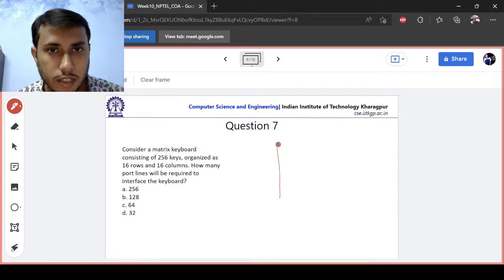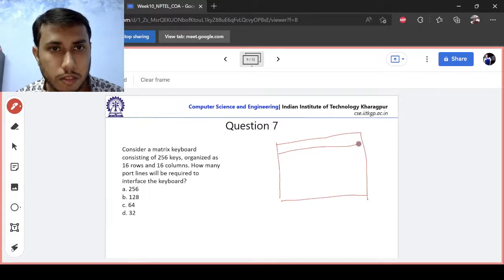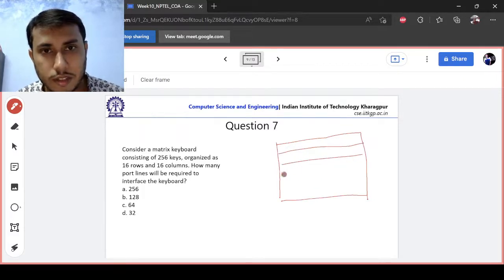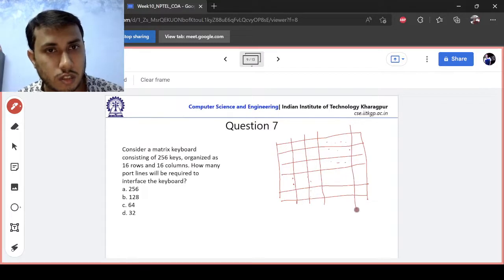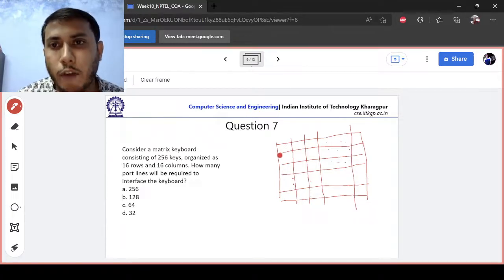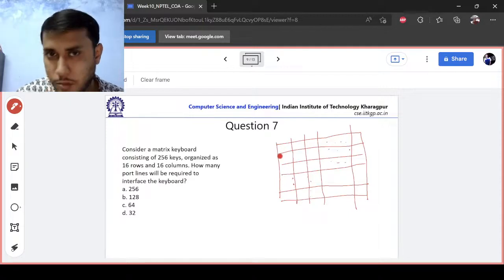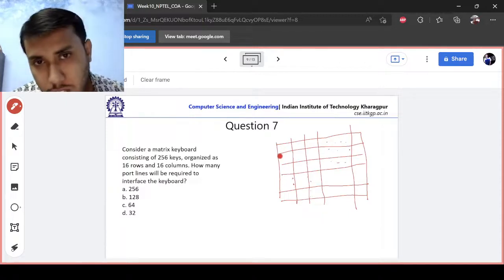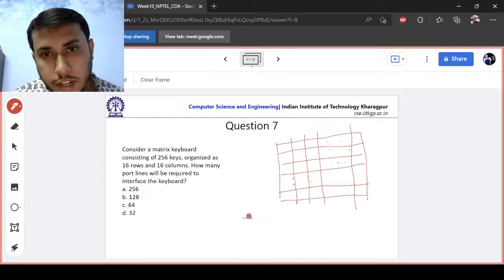So it is said a matrix keyboard has 16 rows and 16 columns. How many port lines are required to interface this keyboard? So the answer is very straightforward.